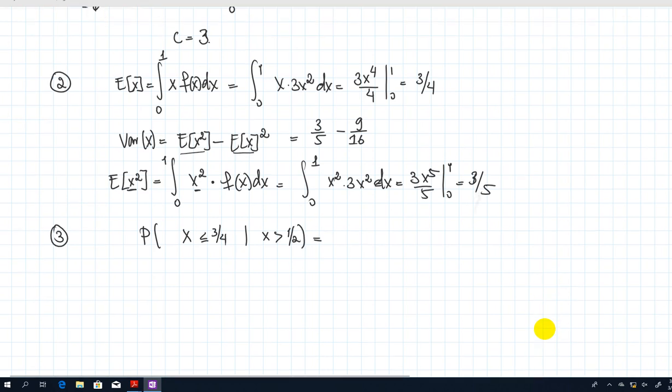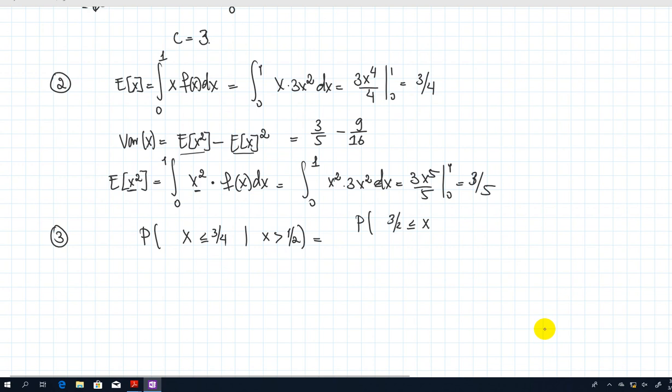According to the Bayes rule, this is equal to the probability that x is between 1 over 2 and 3 over 4, divided by the probability that x is from 1 over 2 until 1, because x changes from 0 to 1.